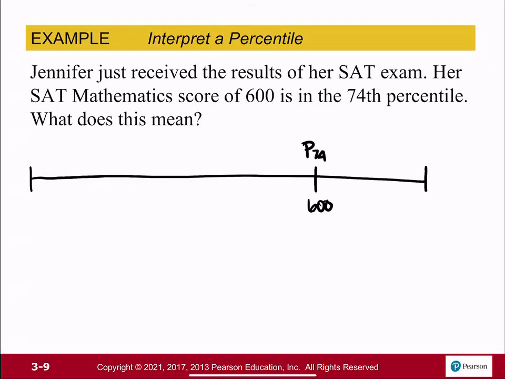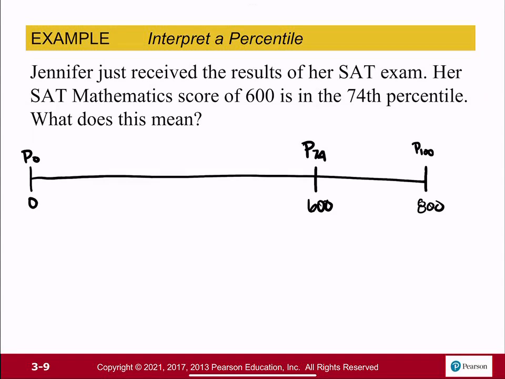That means we have a score of 0 and a score of, I'm just going to give a ballpark answer and say 800. This would be P sub 0 because we have 0% at 0, and P sub 100, the 100th percentile, is going to look at the entire part.